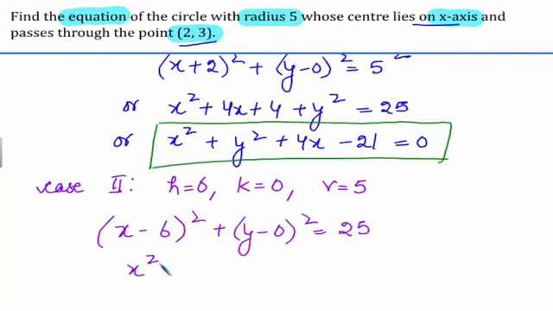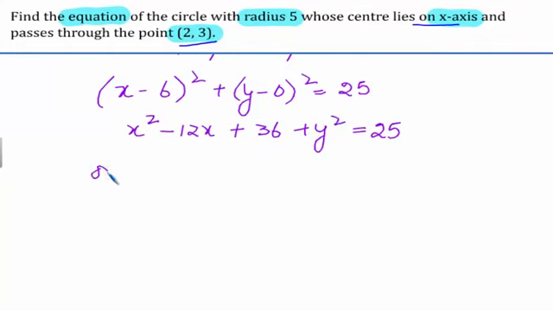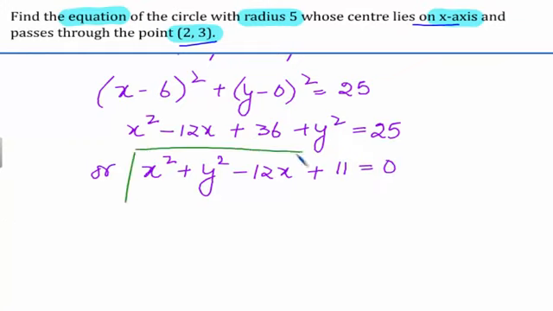So we have x square minus 12x plus 36 plus y square is equal to 25, or we have x square plus y square minus 12x plus 36 minus 25 is 11, so 11 is equal to 0. Therefore, this is the second equation of the circle.